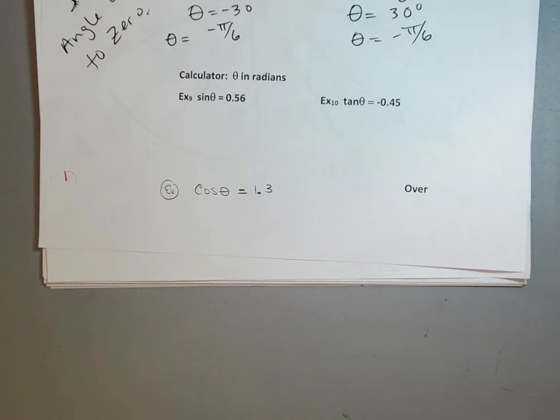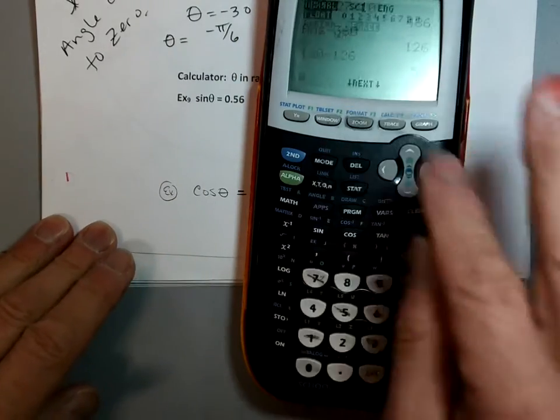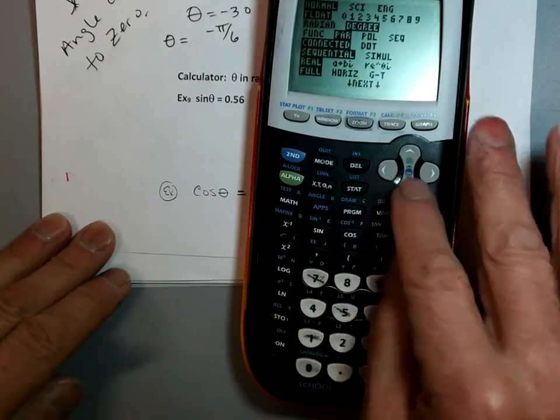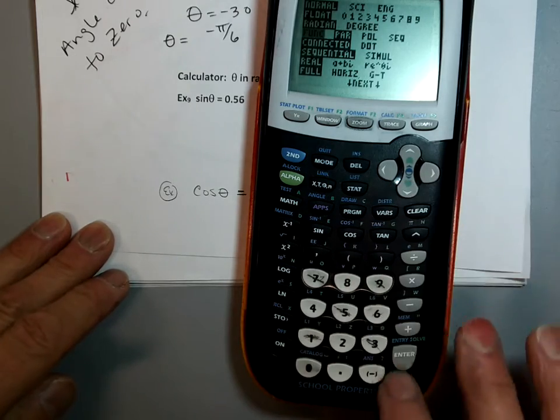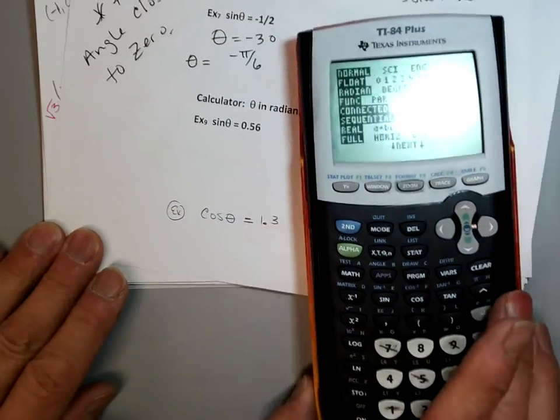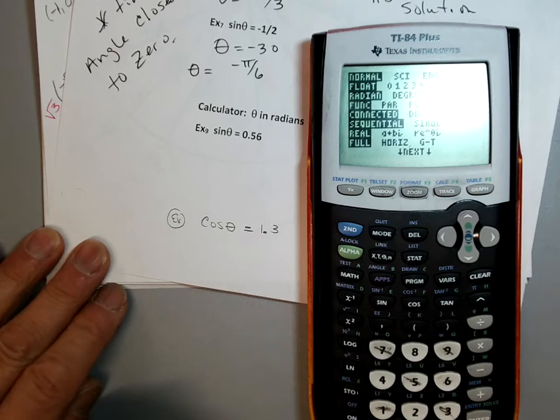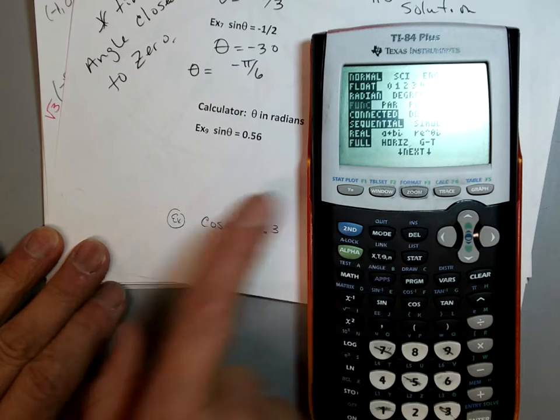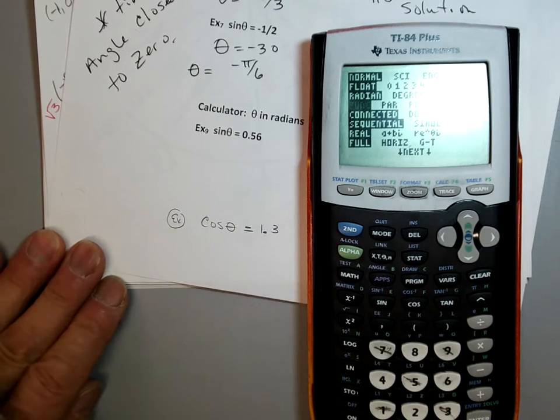So change your calculator to radians, and we're going to get angles, but they're not going to seem like angles. They're going to be these weird decimals. So go to mode, change your mode to radians. Make sure your calculator looks like this, okay? Everybody change it so you're in radians, right?